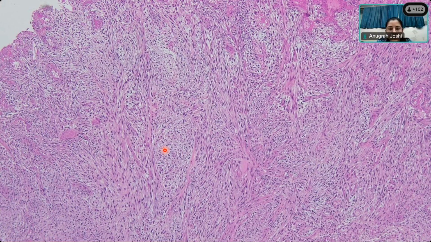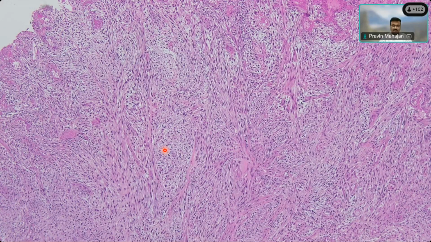Sir, this is showing a cellular spindle cell lesion in which the spindle cells are arranged in fascicles. The cells show slight, mild pleomorphism, we can say.